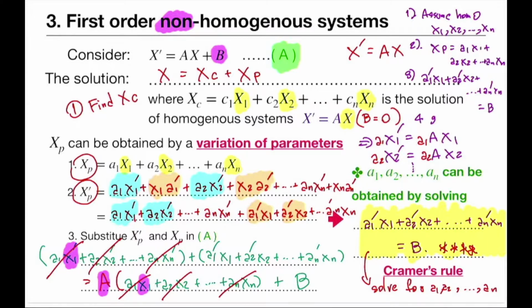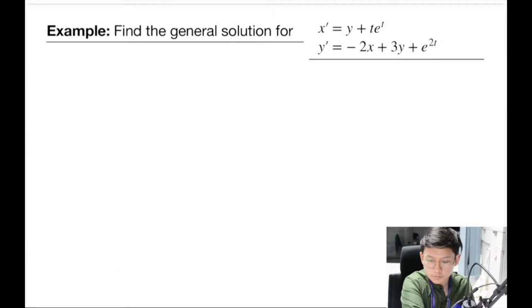Fourth, we get xp, and then the solution would be xc plus xp, which is here. Okay, so these are the 4 steps we need in order to solve for the solution. So let's look at the examples.